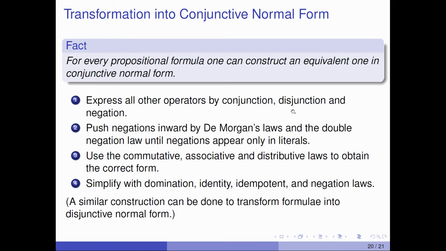Number two, push negations inward by De Morgan's laws and the double negation law until negations appear only in literals. Third, use the commutative, associative, and distributive laws to obtain the correct form. Fourth, simplify with domination, identity, idempotent, and negation laws.